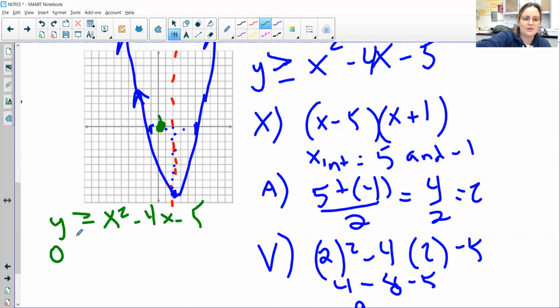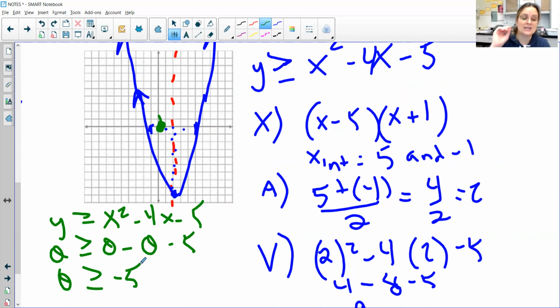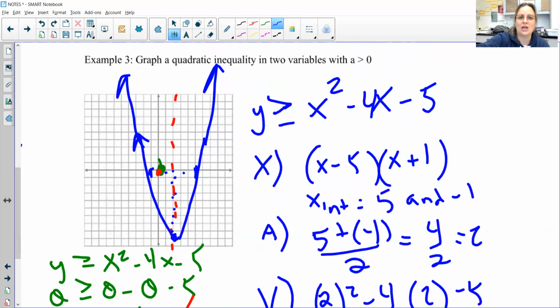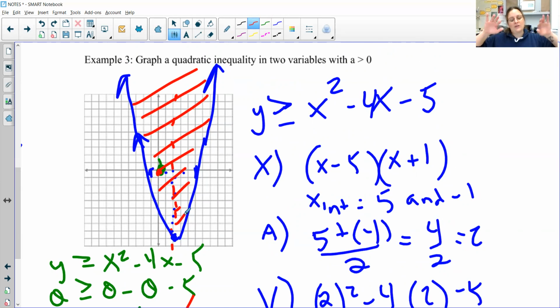Putting in a 0 for both my x's and my y's, is 0 greater than or equal to -5? It is greater than, so this is a true statement, which means this point is a possible solution, which means we are going to shade everything inside that parabola. If it had been false, we would have shaded everything outside the parabola.